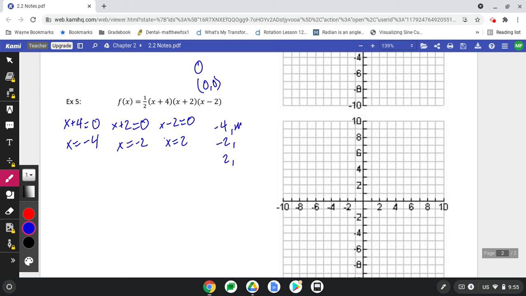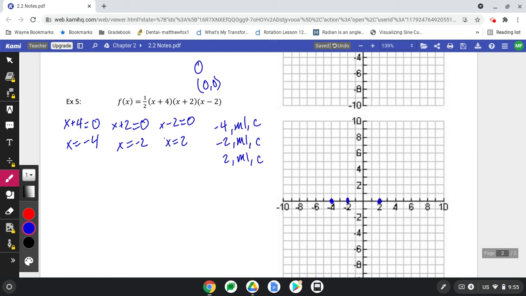And each of them is a multiplicity of 1, which if they are multiplicity of 1, then we know that each of them will cross. I'm just going to put C, C, C. You can start abbreviating C instead of cross and T for touch. So negative 4, negative 2, and 2.